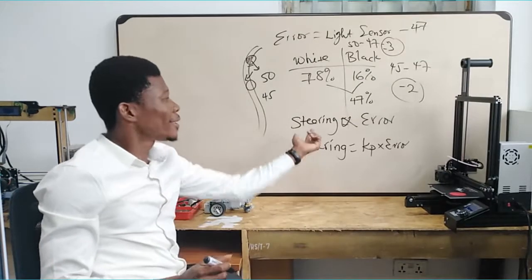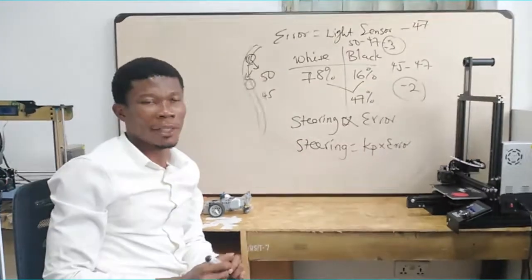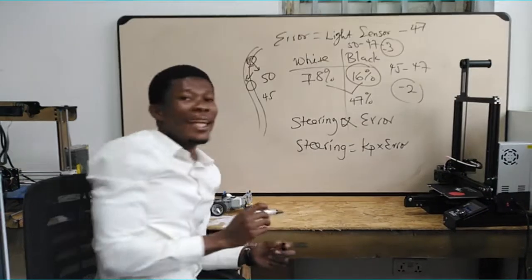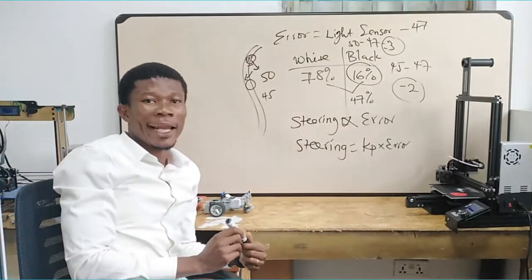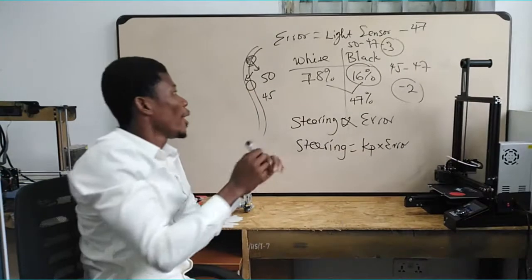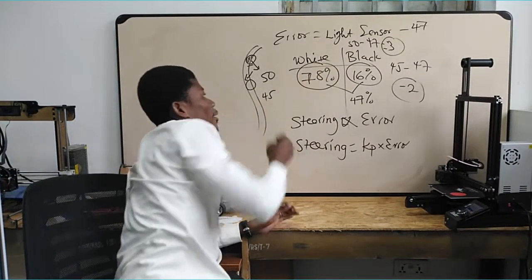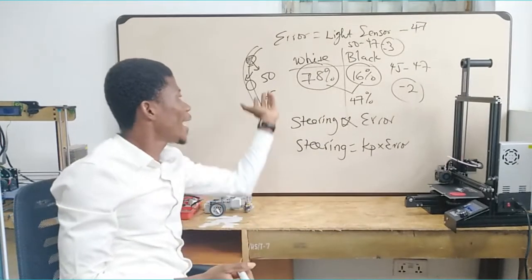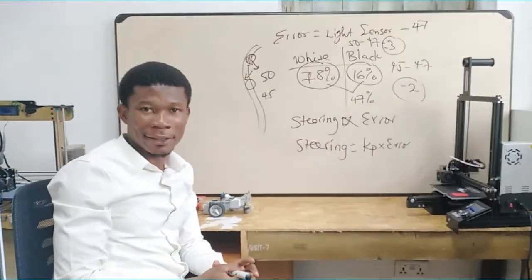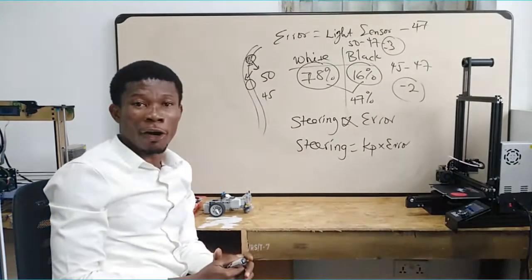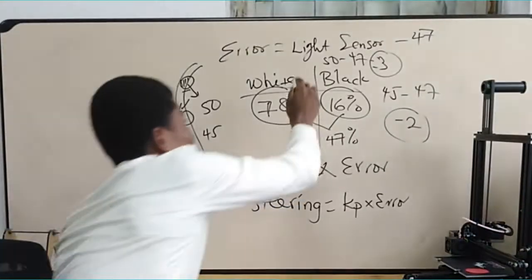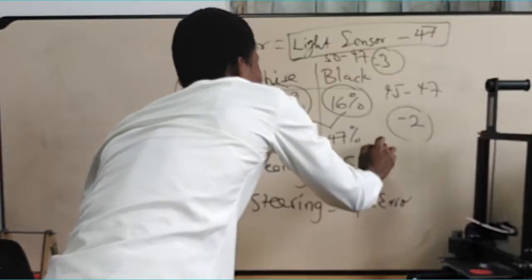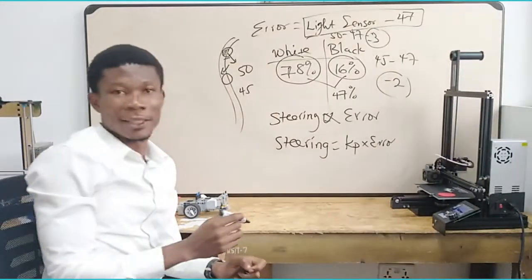Now, our steering is dependent on the error, and our light sensor readings range from 16, which is the least value we could have when the light sensor is totally in the black, to 78, which is the highest value of reflection we record if the light sensor is drifted totally into the white. The maximum error we can record will be when we have the maximum deviation.